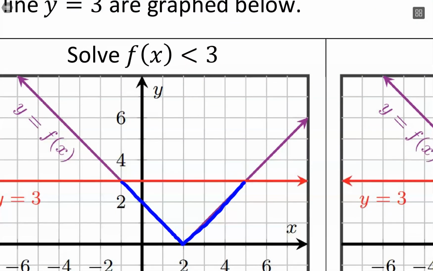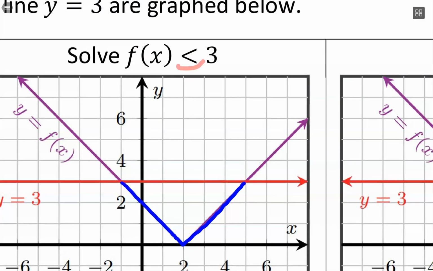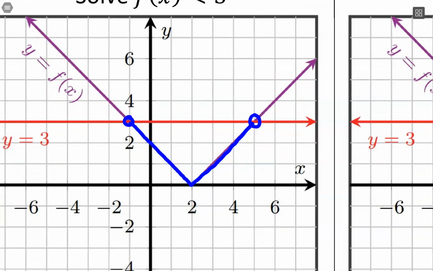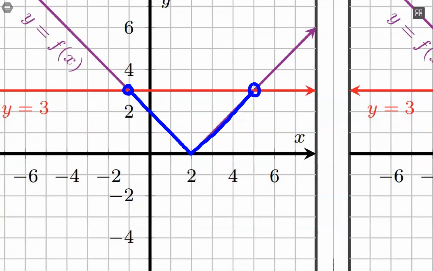And then what I just want to see is that we're not including y equals 3. We're being strictly less than 3. So what we're going to have are these open circles where they intersect, because we want to get infinitely close to those points, but we can't actually equal those points. So for my solution set, how I'm going to express this is in terms of x.